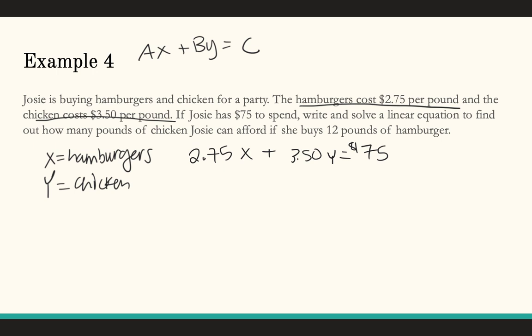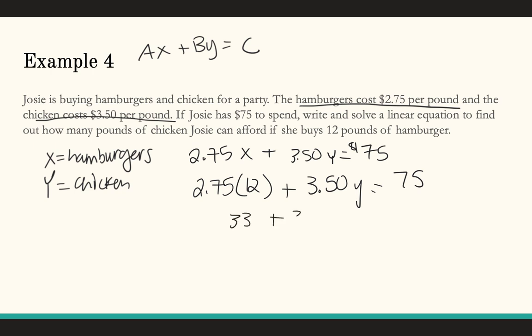So we want to find how many pounds of chicken Josie can afford if she buys 12 pounds of hamburger. So we know that if she's buying 12 pounds of hamburger, I'm going to put the 12 with the x. And I'm going to solve for y, which is my chicken. So when I do this, I get 33 plus $3.50 times y equals 75.